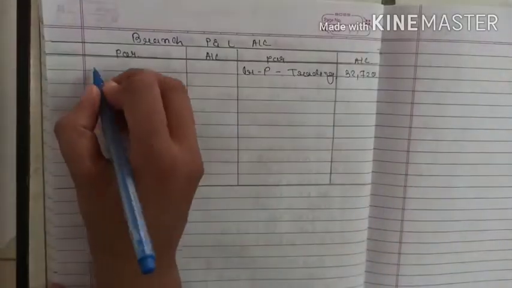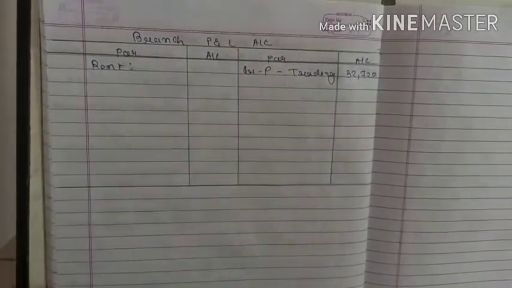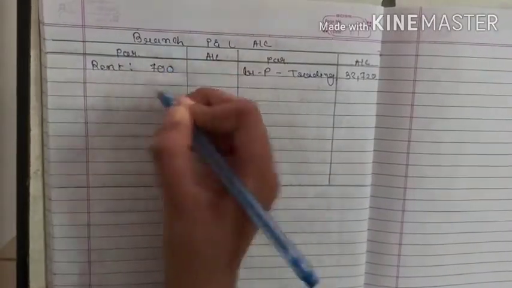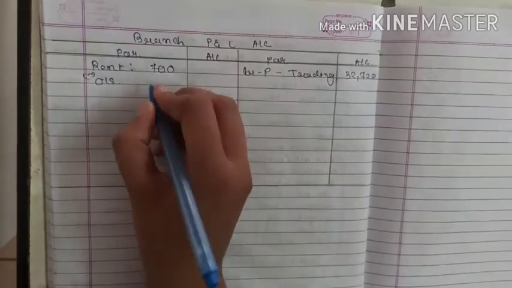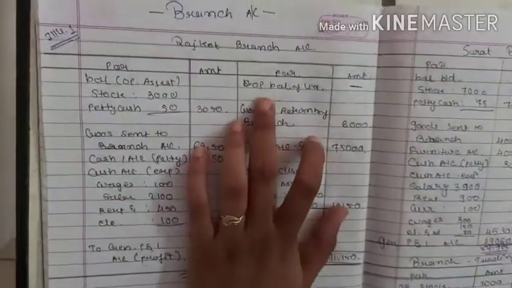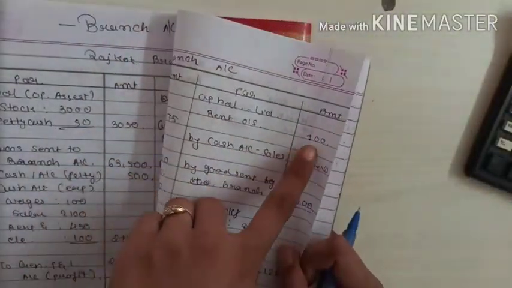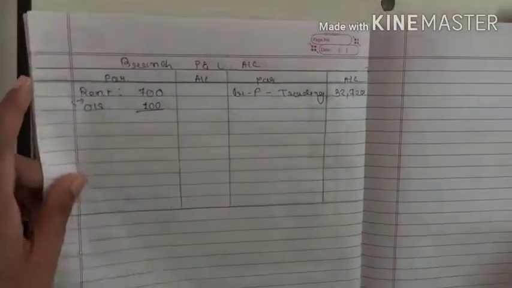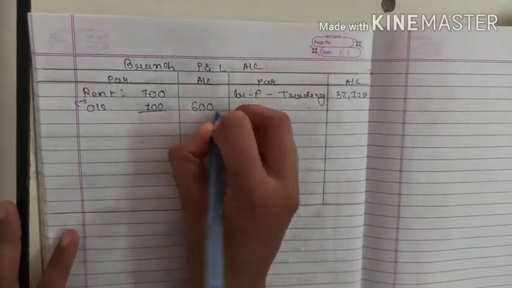The actual rent paid by the head office is 700. Out of that, outstanding was 100. There is the opening balance of the rent outstanding 100, that means it is from the last year. So 700 minus 100, it will come 600.